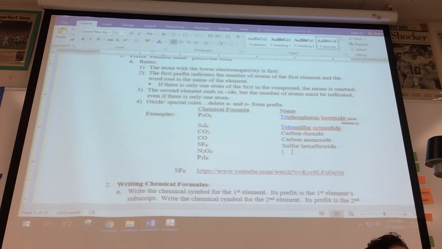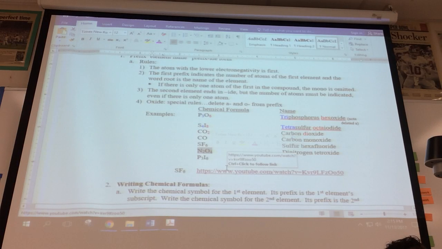Nitrogen. Careful, you have 2 of them. Dinitrogen. And 4 is tetra, but we're going to delete the A. Tetroxide. You got it. Also be aware that you never reduce down in a covalent compound. That indicates how many you truly have of each one.